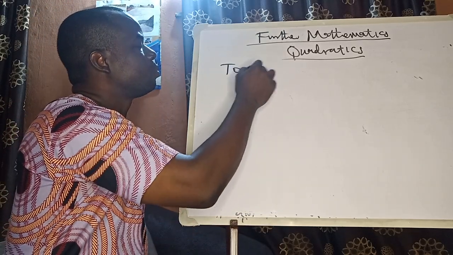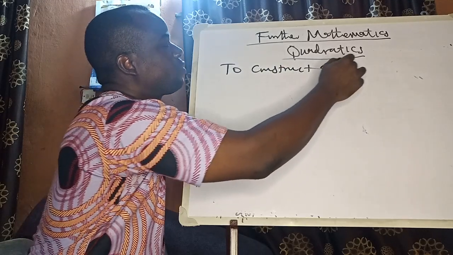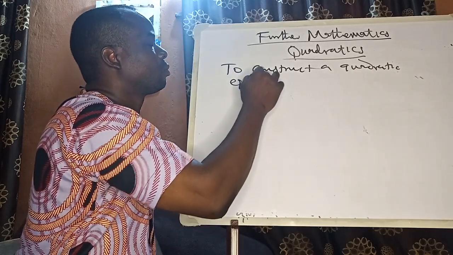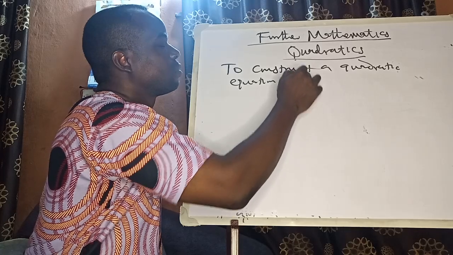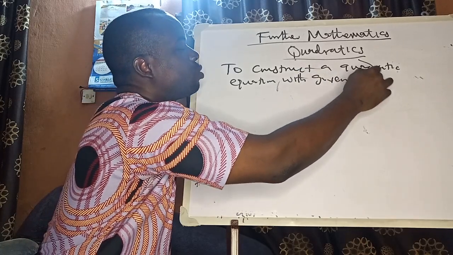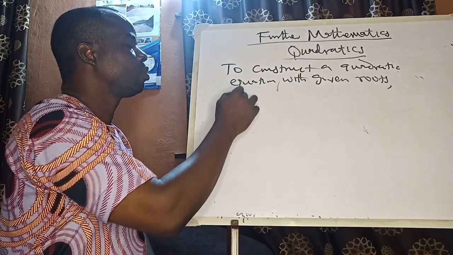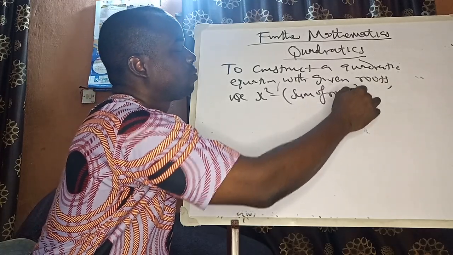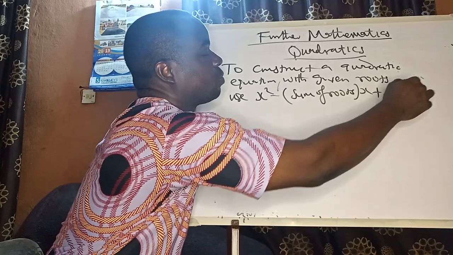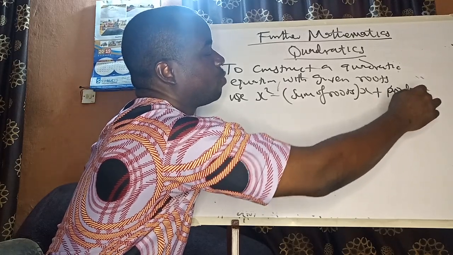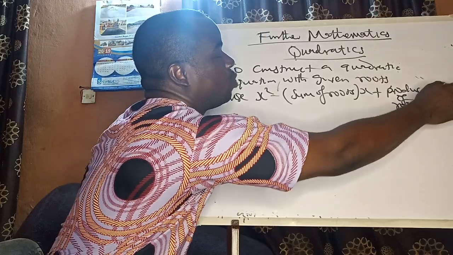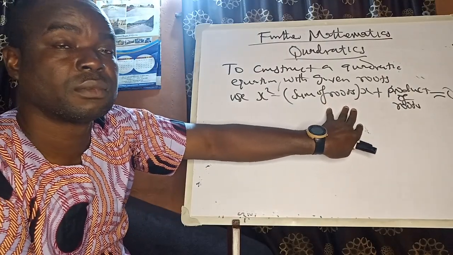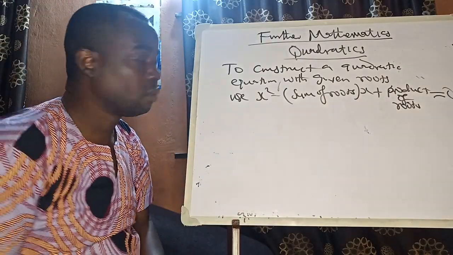To construct a quadratic equation with given roots, use x squared minus sum of roots x plus product of roots is equal to 0. So in this video, you will learn how to use this formula. That's the purpose of the lesson.